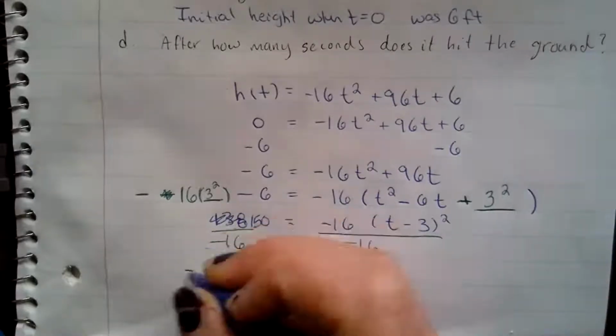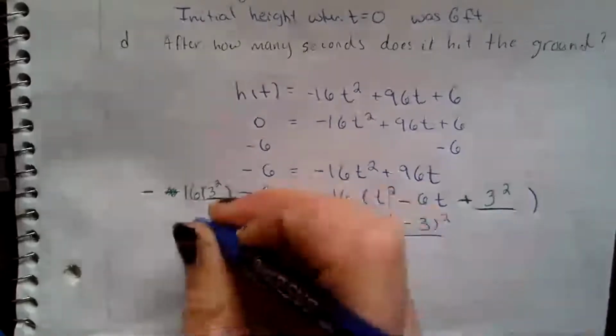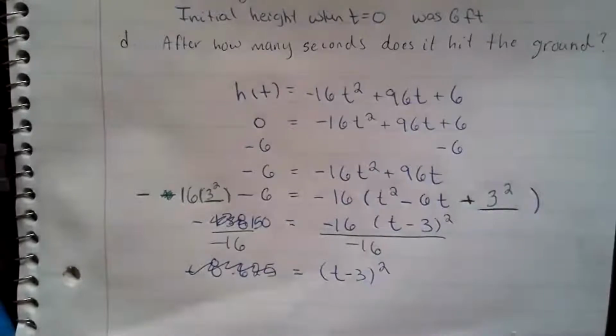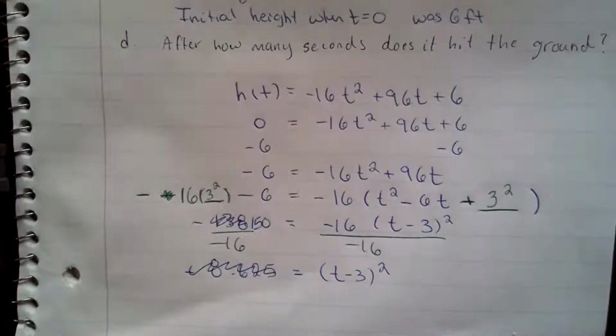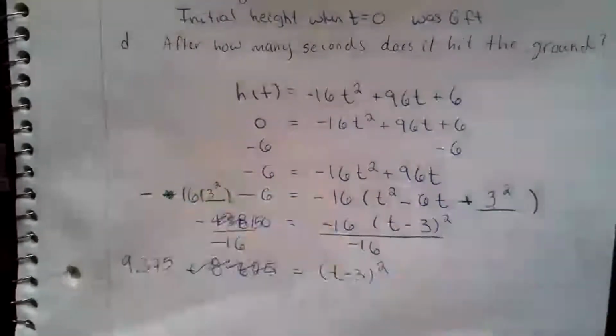So let's see, what's this going to be now? It's negative 150 divided by negative 16. And 9.375, that's better. Positive, so we're doing something right now.